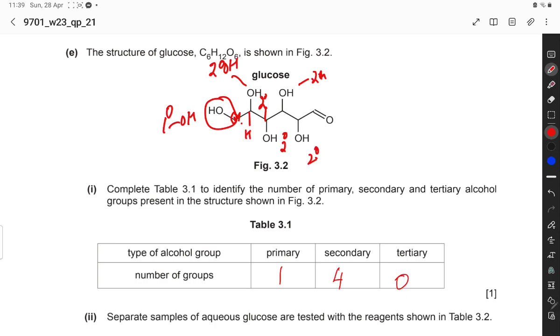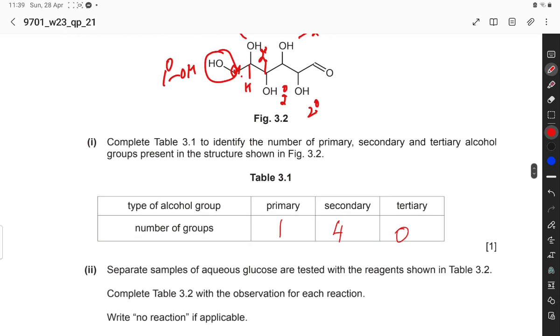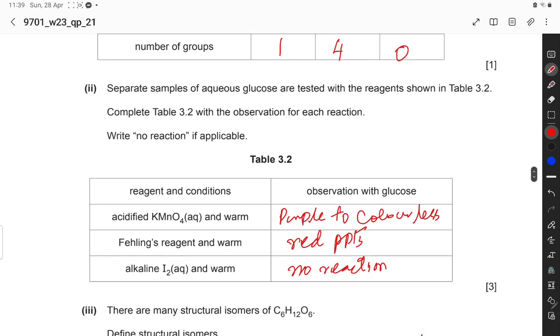So 1, 2, 3, 4 are secondary alcohols. So we don't have tertiary alcohol. Tertiary alcohol has CH3, CH3, CH3, so the carbon has no hydrogen which is directly attached with the alcohol. This is tertiary alcohol.